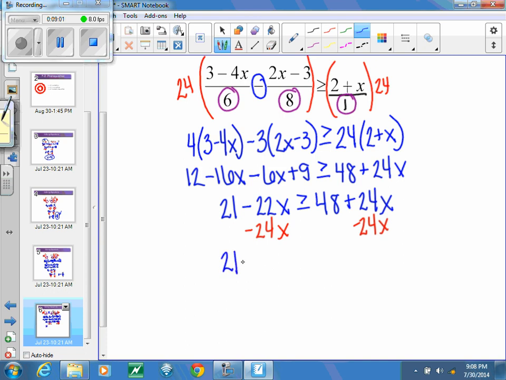So 21 minus 46x is, sorry, so negative 46x is greater than or equal to 48. And then we're going to subtract 21 from both sides.